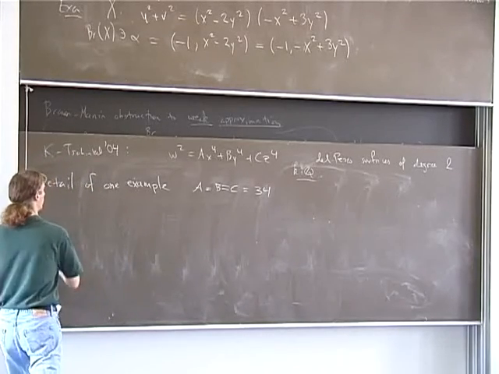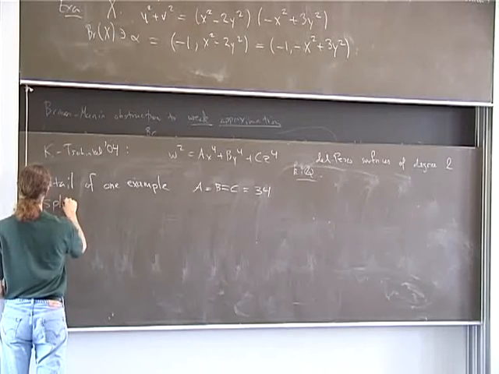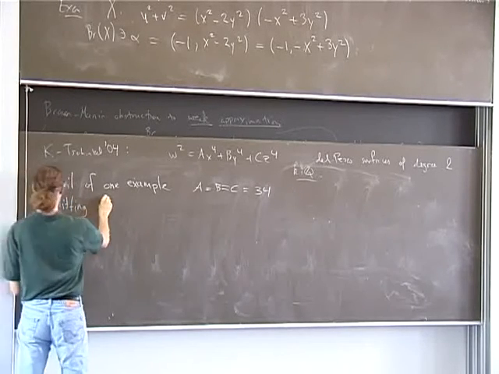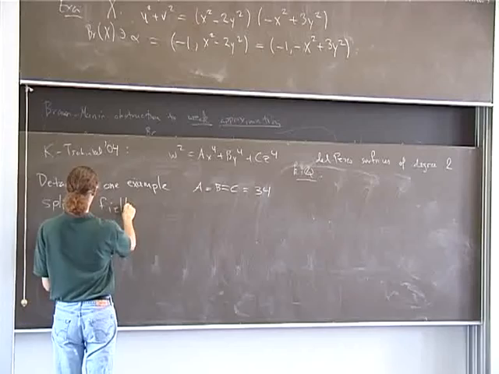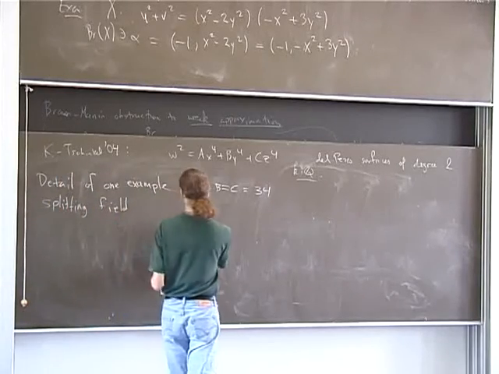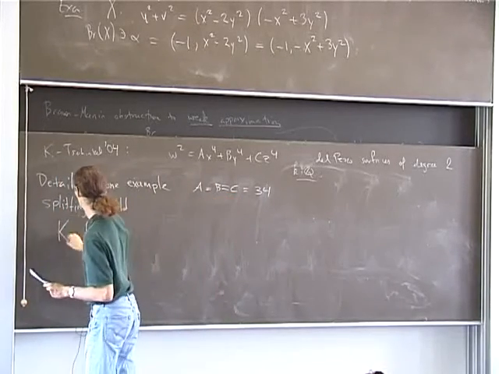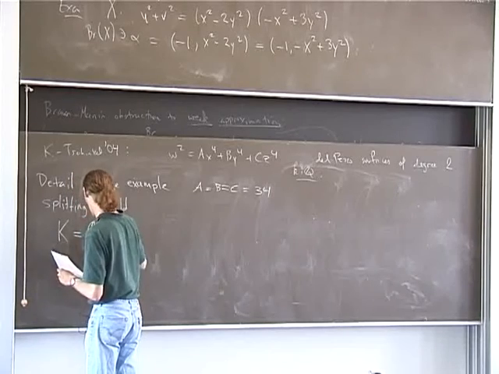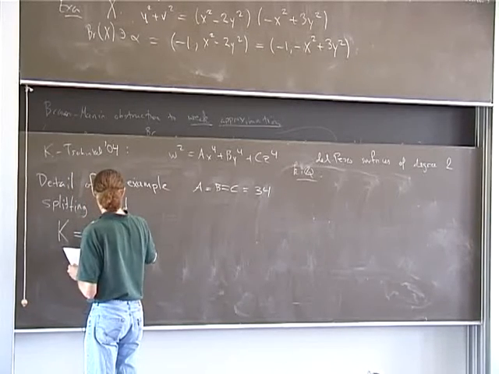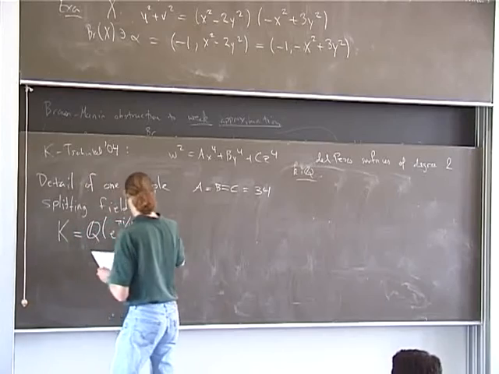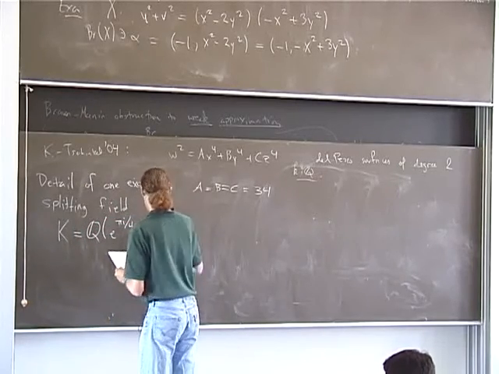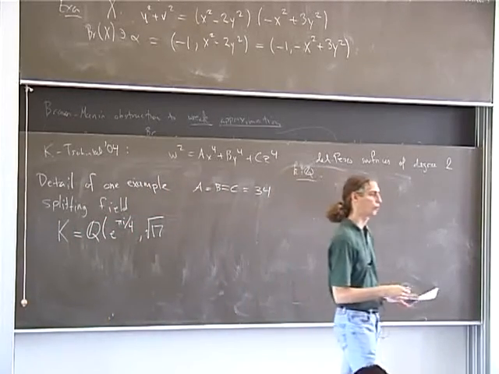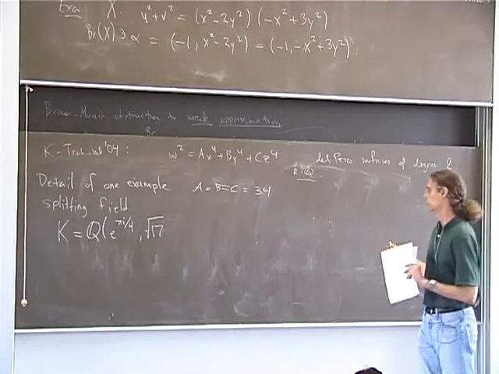Okay, so in this case, we have a splitting field. You don't need the fourth root of 17 to define the exceptional curves.